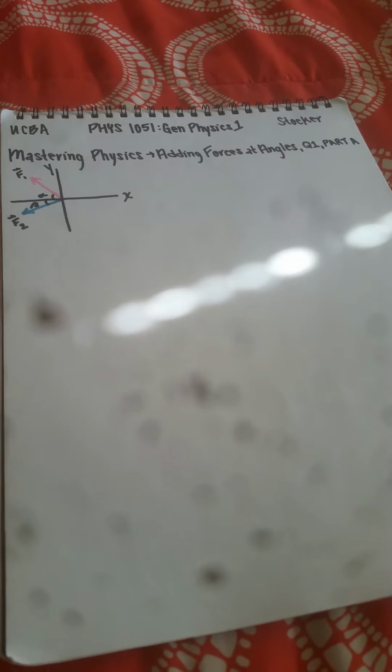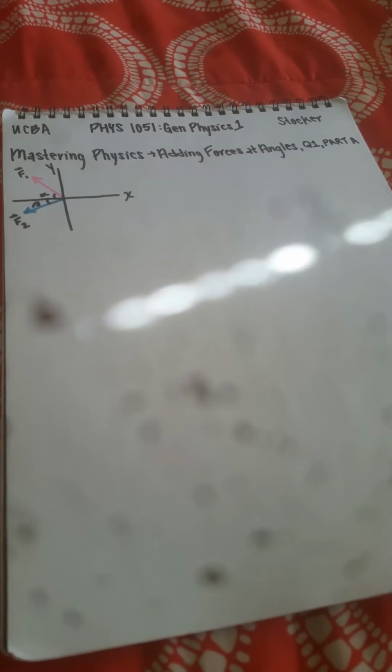For this Pencast, I am doing question 1, part A in Mastering Physics, which is adding forces at angles. It's a series of questions, and it gives us some background. Two forces, F1 and F2, are both acting on the same object but in different directions.